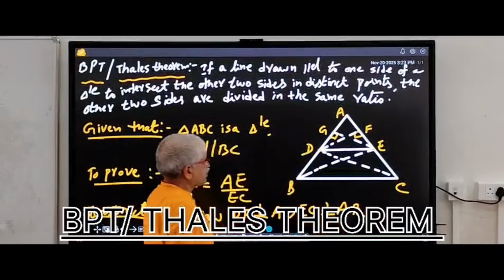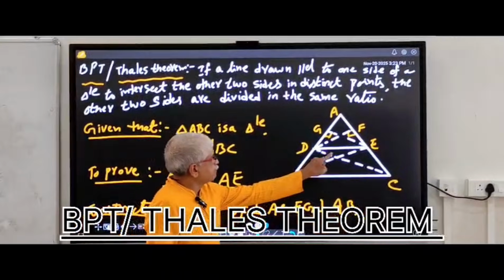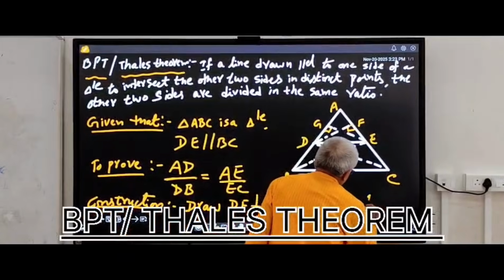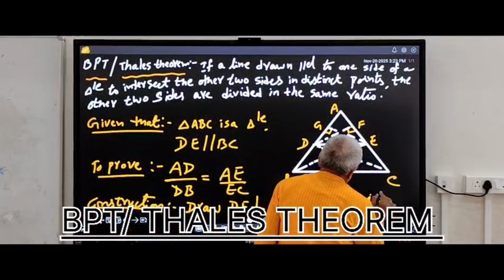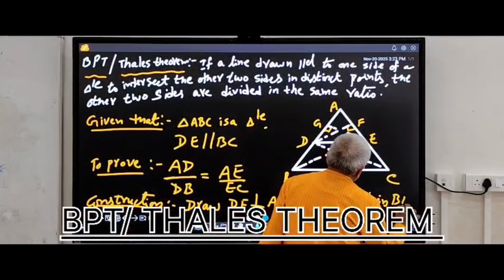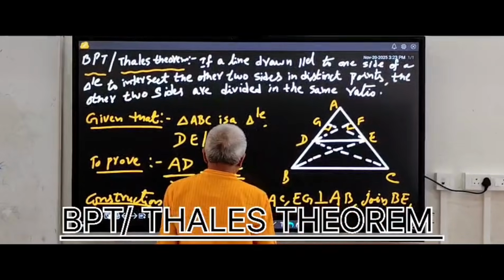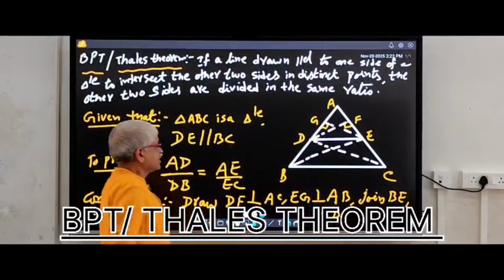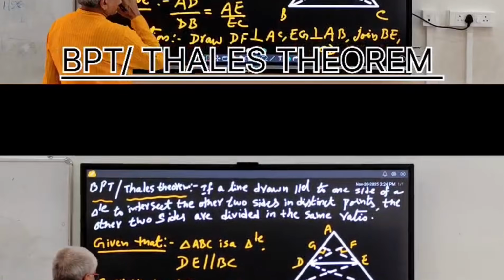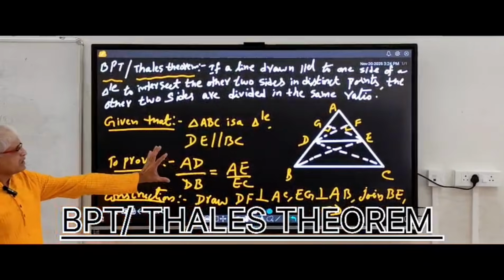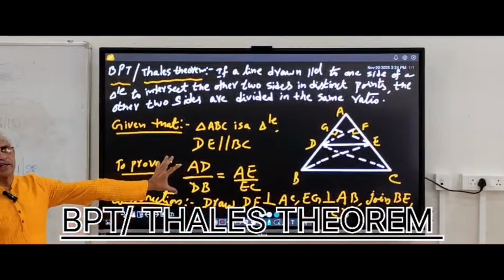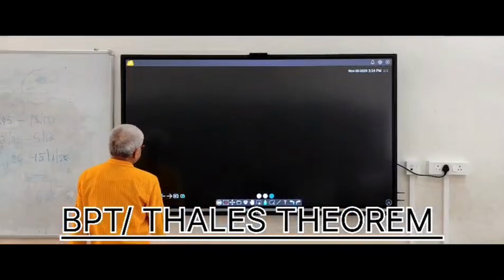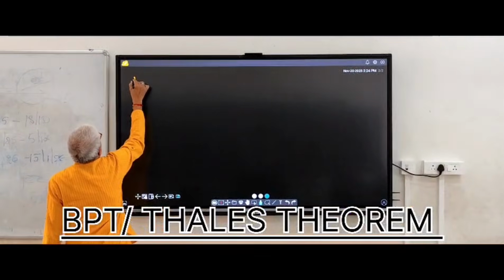And also we joined BE and CD. Clear? Let me go to the next page. Now, whatever I require, I have constructed. Now let me switch on to the proof. Proof.